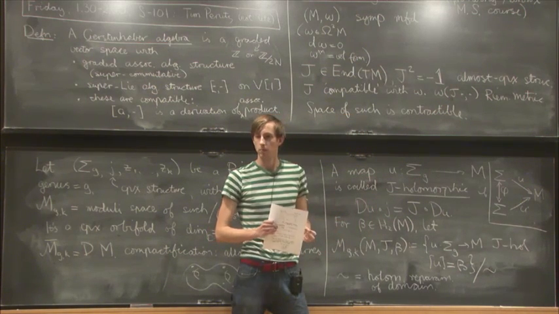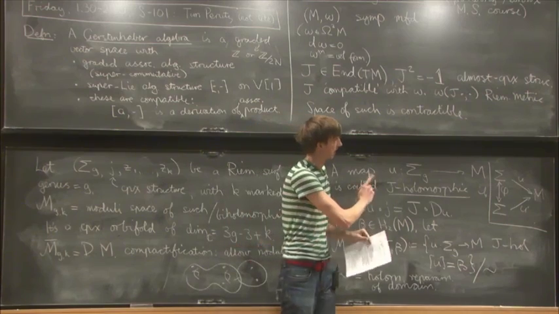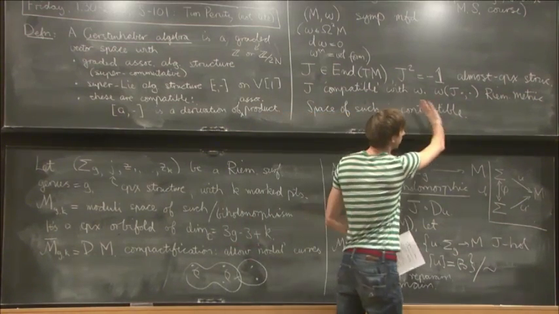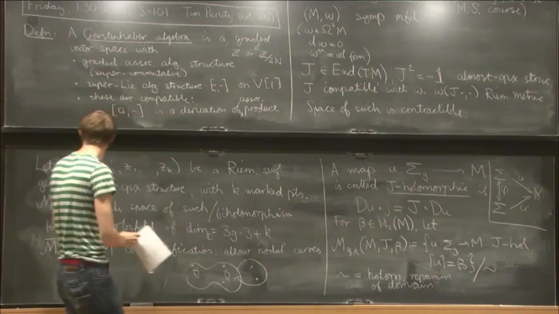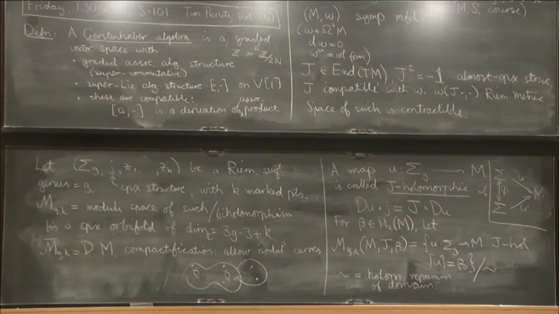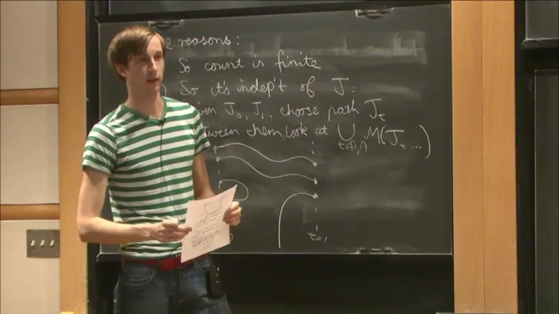In principle, you could define that space before, but if you want to get compactness, usually you need omega because it controls area. Yeah, that's true. So I guess we could define this without this condition. That would be completely fine. But when we try to prove this, we will not be able to prove any form of compactness if we don't have such a restriction on J. Yeah, that's a better answer.